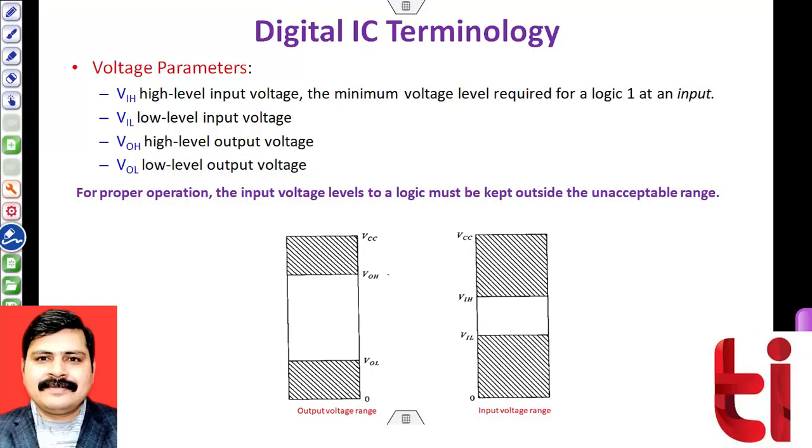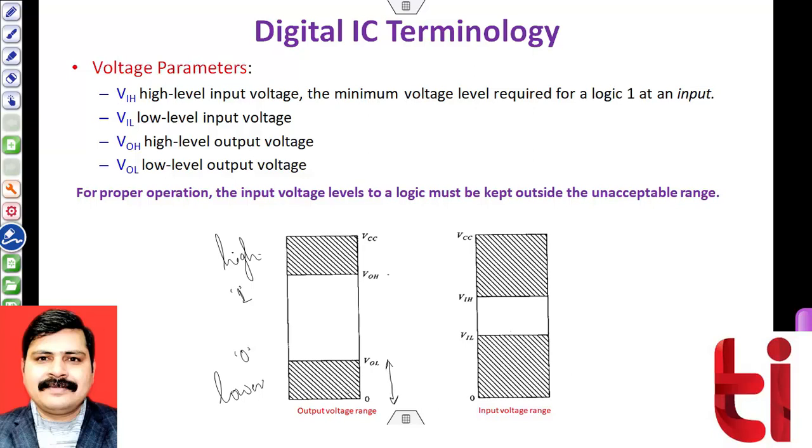You can see that for the output voltage there is a range for the lower level and a range for the high level. This is supportive of logic 0 and this is supportive of logic 1.